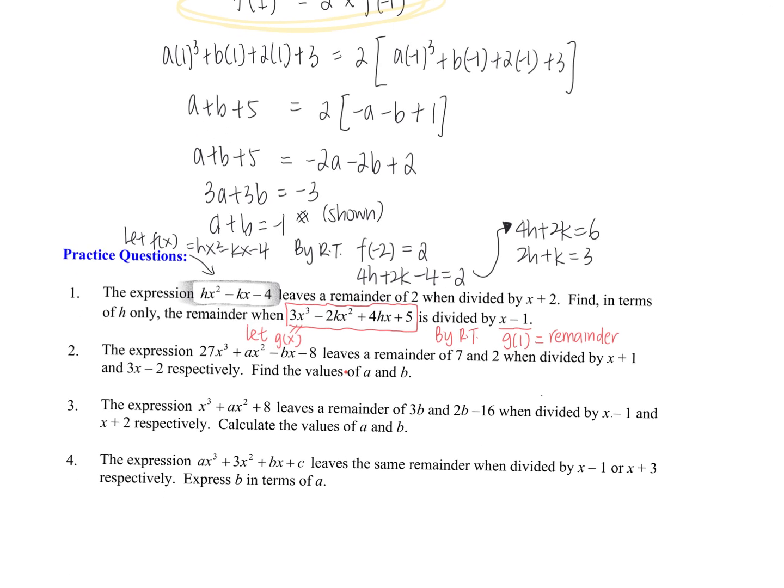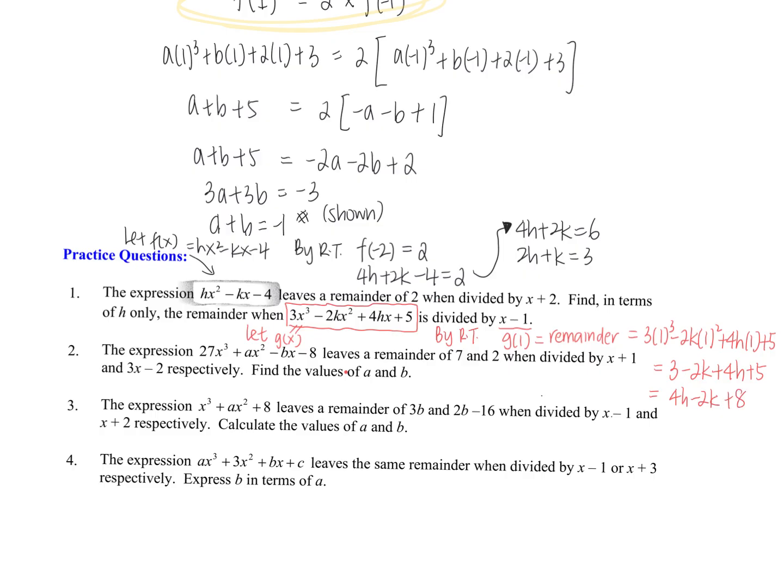So I'm going to just plug in 1. Then you get 3, 2k, 4h, plus 5. So finally you get 4h - 2k + 8.